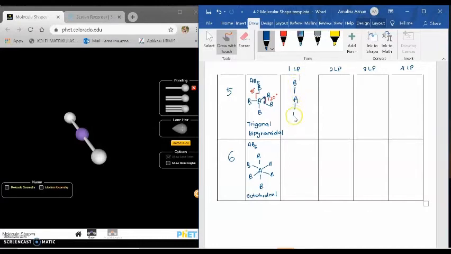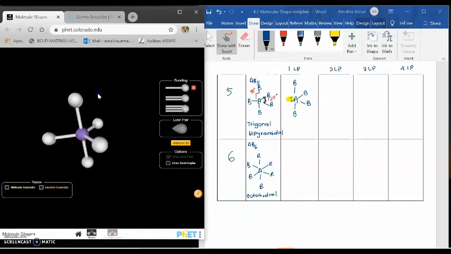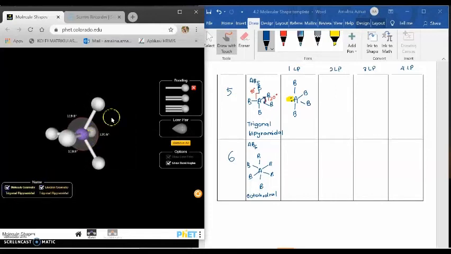The lone pair will be positioned furthest away from the rest of the bonding pairs. So you will look at the bond angle of 120 degrees. Let's say you have 1, 2, 3, 4, 5. This is your trigonal bipyramidal.